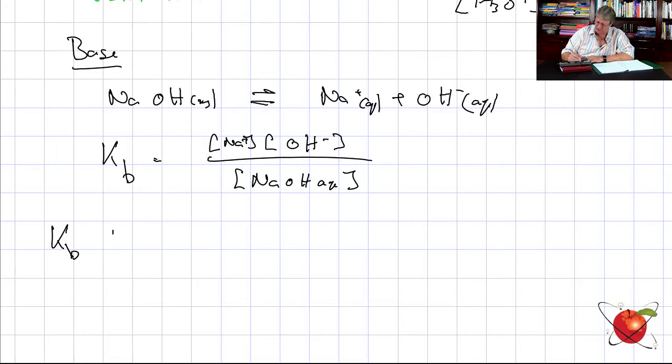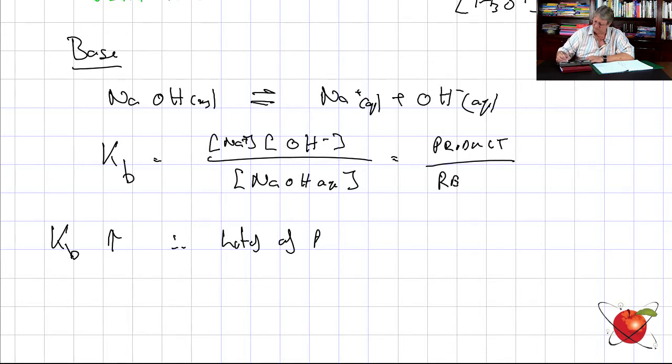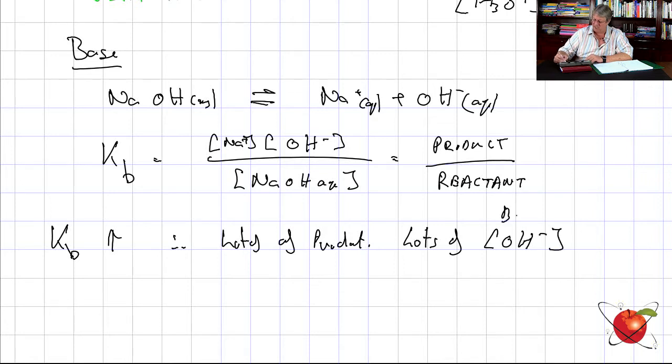The same things apply. If Kb is high, there's lots of product, product over reactant. Can you see it's exactly the same? Lots of product, in this case lots of OH minus. This is our base measurement: the H3O is the acid measurement, and the OH minus is the base measurement.